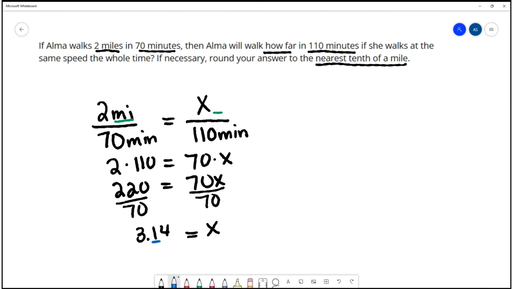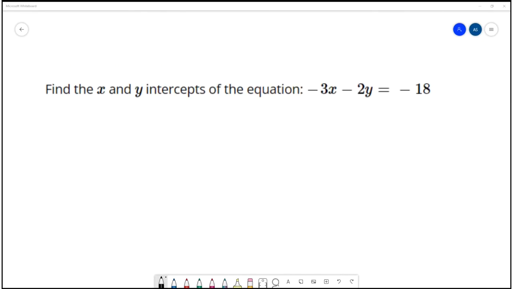This is the tenths place. So we look to the digit to the right, and it's a 4. So we're going to round down to 3.1. So Alma will walk 3.1 miles in 110 minutes.